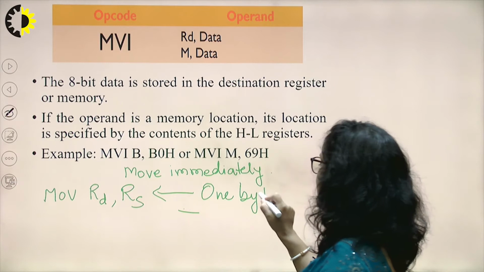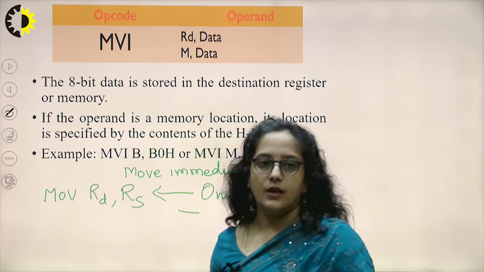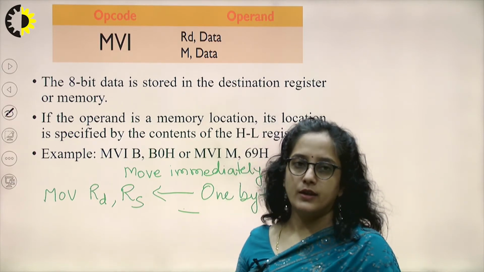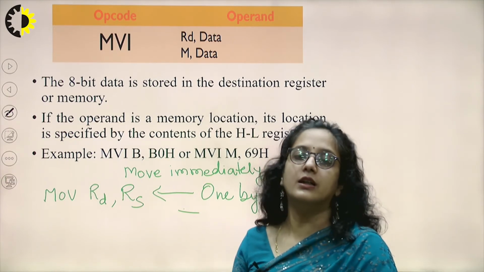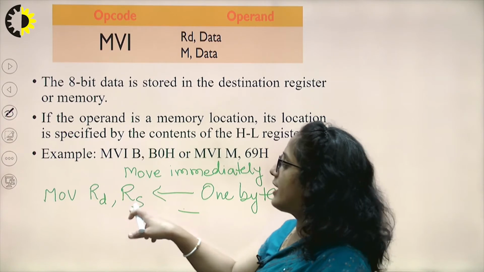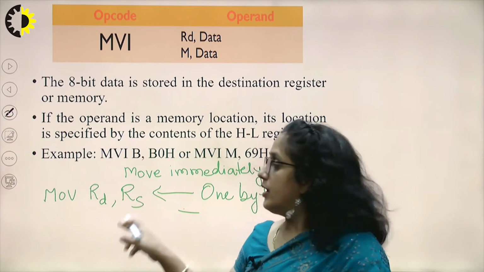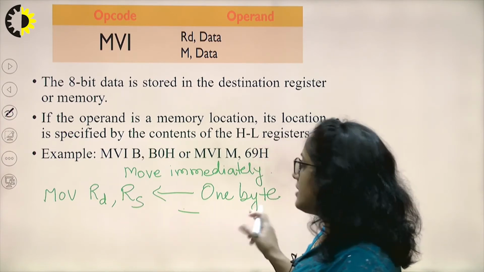Only the opcode is stored, because whatever data has to be transferred is in between registers of the microprocessor. We are not specifying an operand, we are just specifying the register. So MOV RD comma RS is a 1 byte instruction.